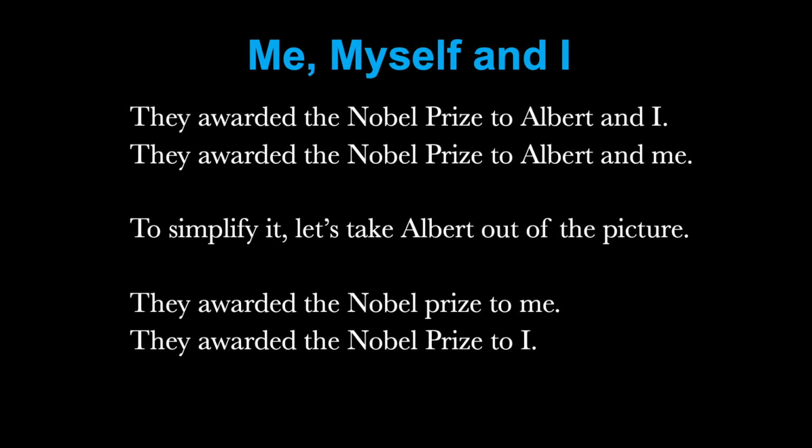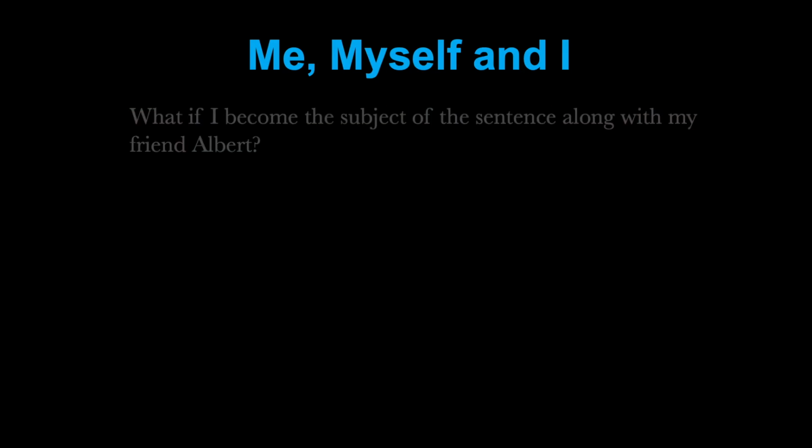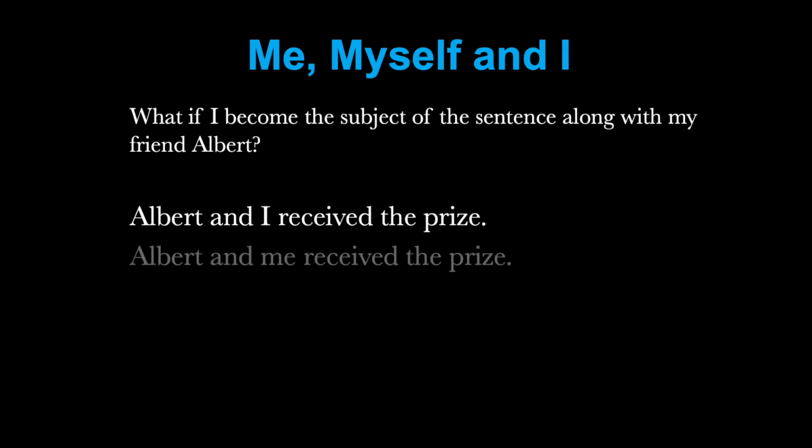Well, the pronoun here should be me, because we're dealing with the object of a sentence. What if I become the subject of the sentence along with my friend Albert? This time, is it Albert and I received the prize, or Albert and me received the prize? Well, of course, it should be Albert and I.